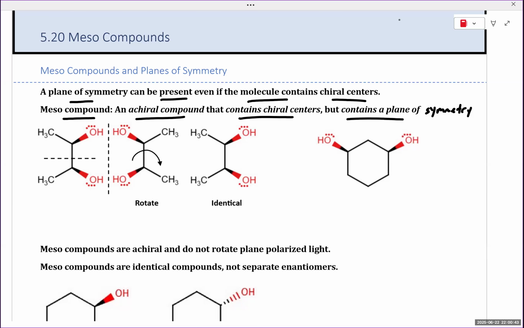An example of this that we discussed previously is the following diol, where we do have two chiral centers, but we have a clear plane of symmetry. As you can see, if we rotate this molecule's mirror image, the molecule and its mirror image are identical. As we saw previously, this molecule contains a plane of symmetry and would be considered a meso compound. It is achiral.